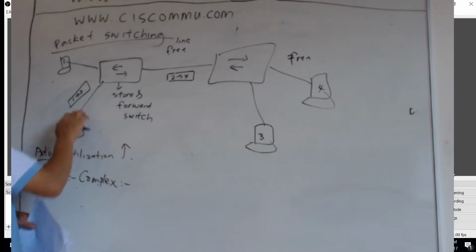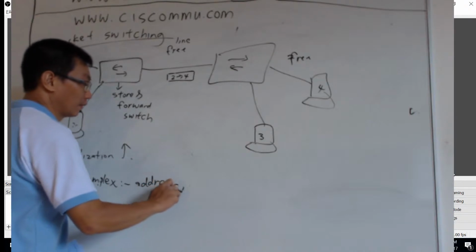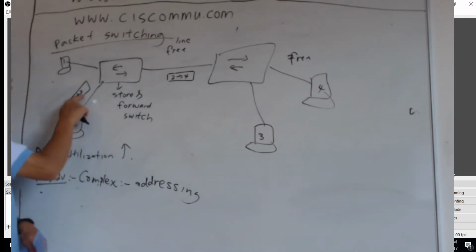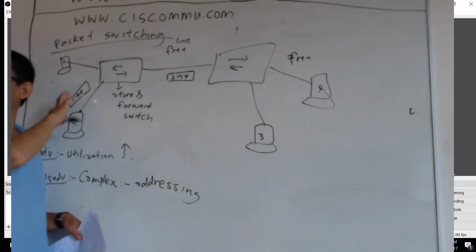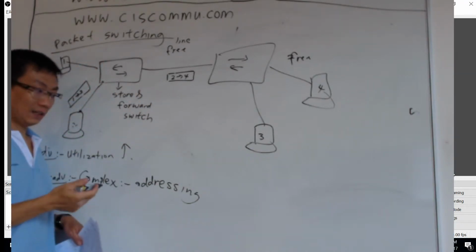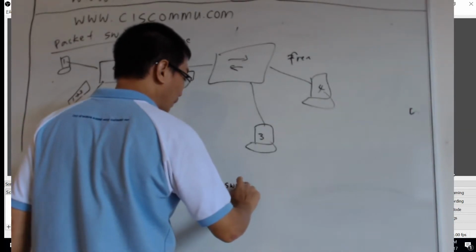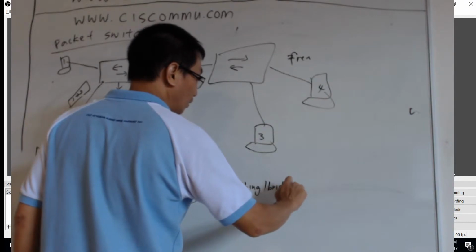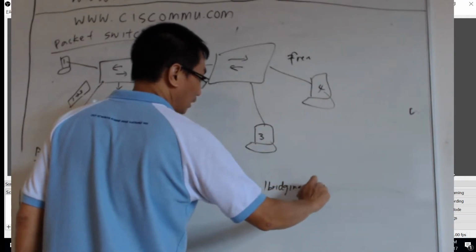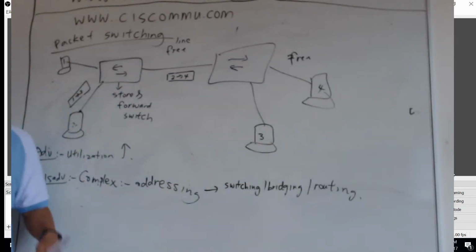First, you need to add addressing. If not, with this 1 to 3, how does this switch know 3 is over there? So you need to add addressing. This will lead to switching, bridging, or routing, depending on how you look at the addressing. Is that clear?